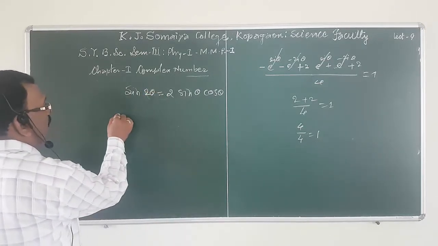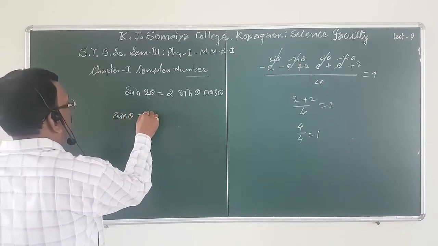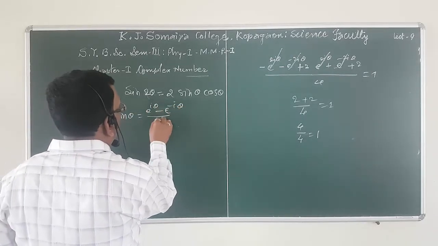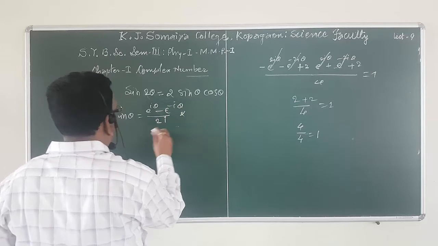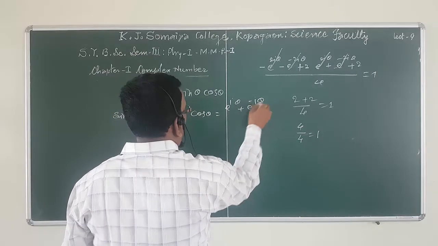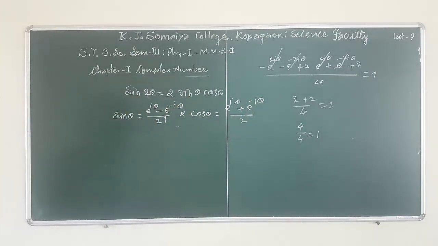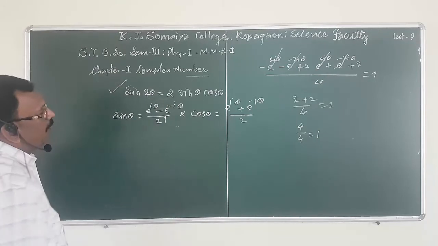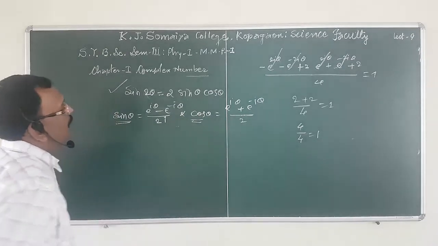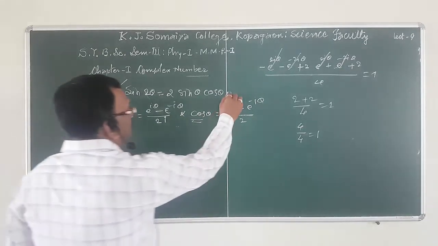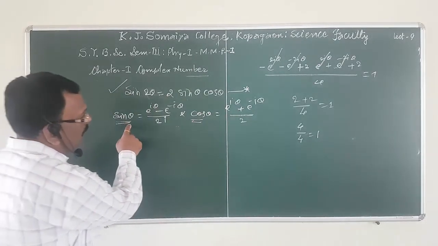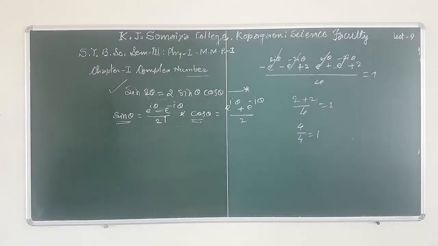Again, we know that sin theta is equal to (e raised to i theta minus e raised to minus i theta) upon 2i, and cos theta is equal to (e raised to i theta plus e raised to minus i theta) upon 2. Now, in order to obtain or prove this identity, substitute the value of sin theta and cos theta in the RHS of this equation.